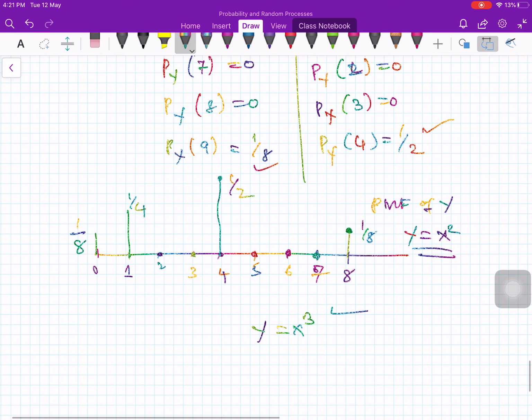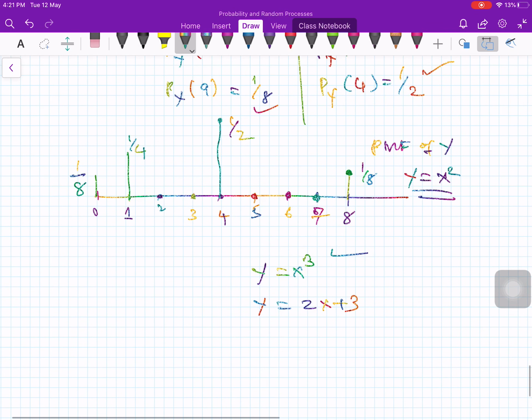You can take y equal to some linear function, let's say 2x plus 3, or y equal to square root of x, or y equal to mod of x. So any number of functions of random variables can be created by taking some other random variables. So it is legitimate to take care about the distribution of that random variable.